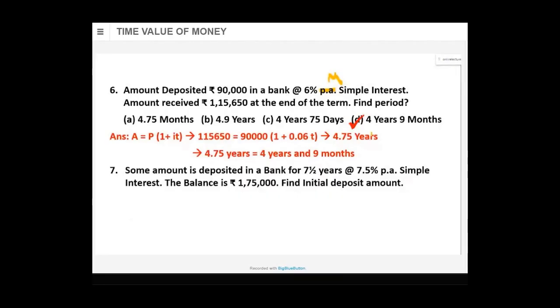What do you want to find out? क्या ढूंढना है? In terms of notation, A ढूंढना है या P ढूंढना है? P ढूंढना है. P, initial amount. Find the initial deposit. Initial, starting. Starting is P. Ending is A. Find out. Yes, P.